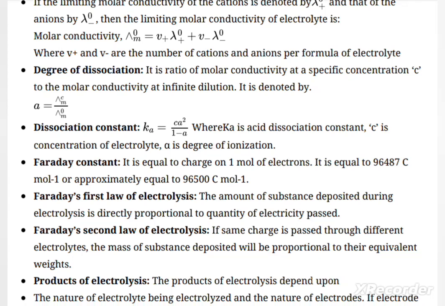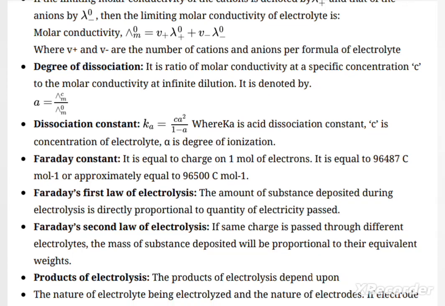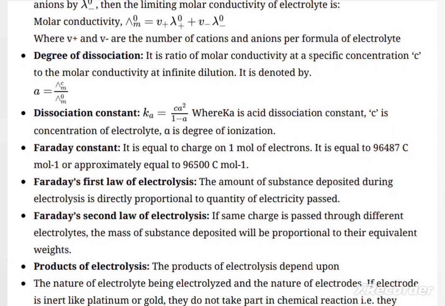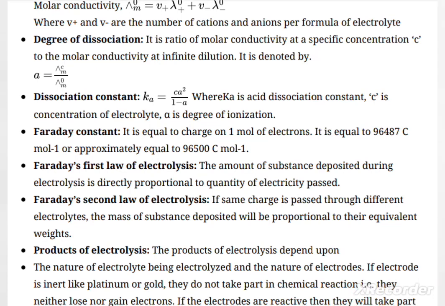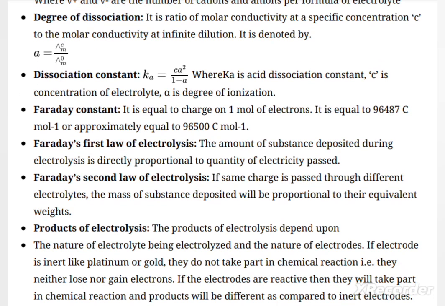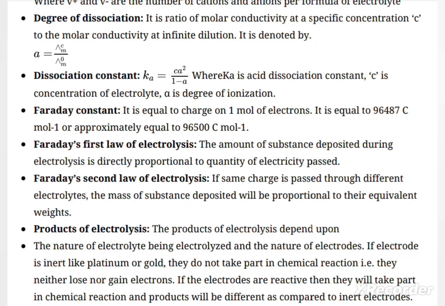Degree of dissociation. It is the ratio of molar conductivity at a specific concentration C to the molar conductivity at infinite dilution. It is denoted by α. Numerically, α equals Λcm divided by Λ⁰m.